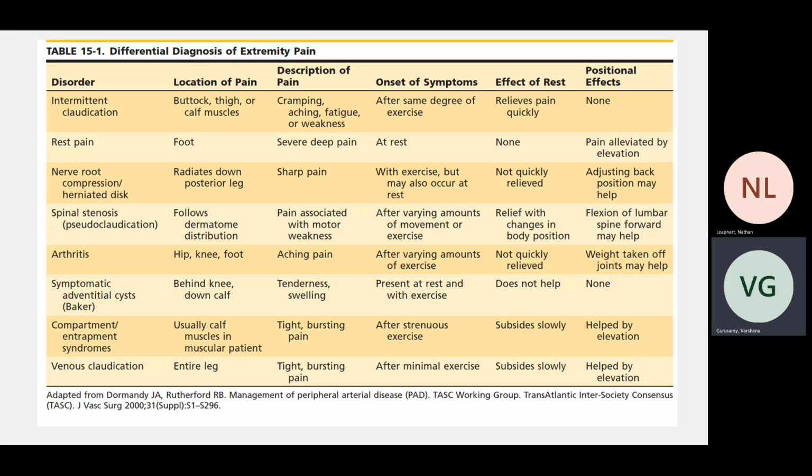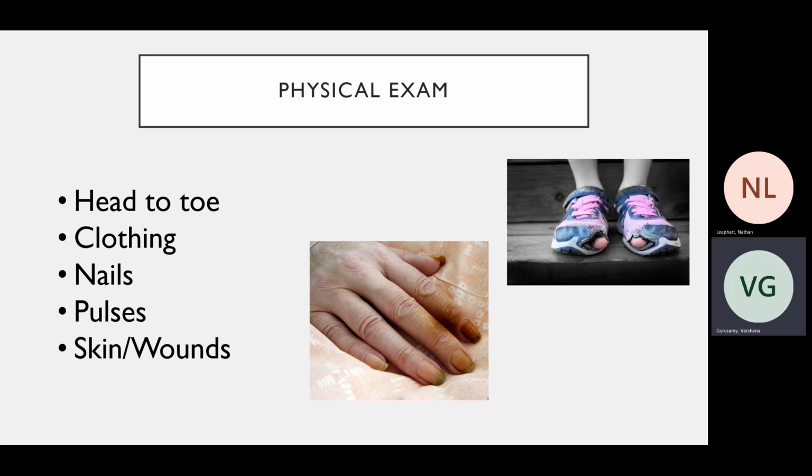Or is it really this type of claudication or rest pain? I've seen patients in clinic that are referred to me by a family medicine doctor or somebody, and they don't really know. They'll just refer them to me because they have leg pain, but it ends up that they have spinal stenosis, or they actually have radicular pain. And you don't want to do an arterial procedure on somebody that doesn't need it.